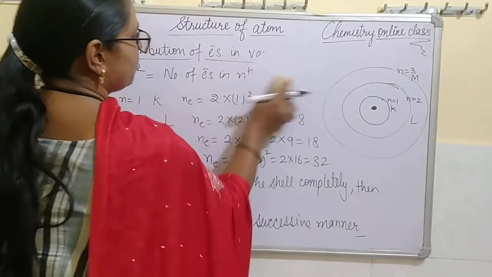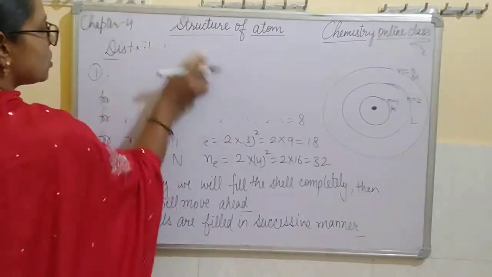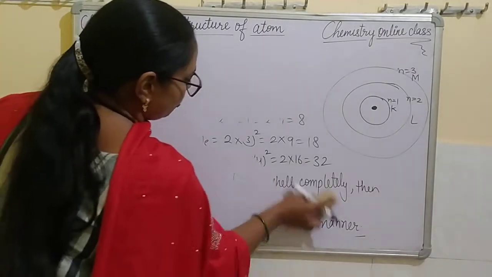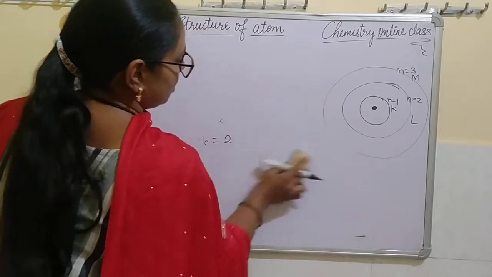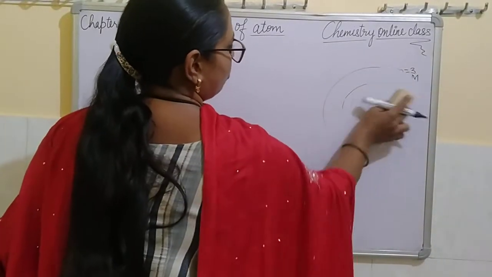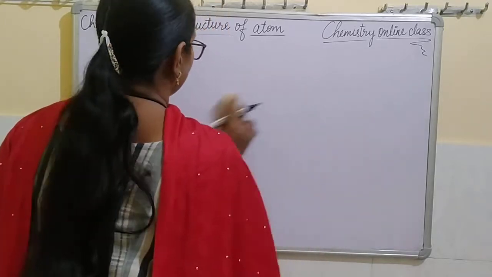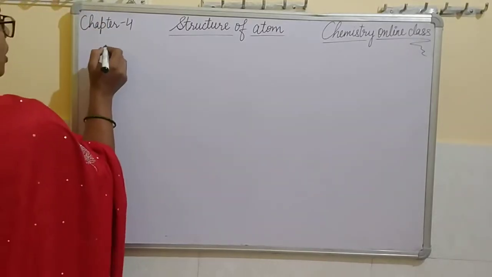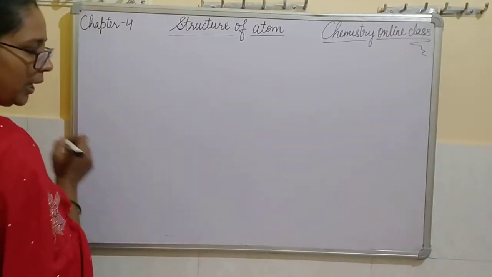For your syllabus, you have to learn the first 20 elements and how you can distribute electrons in shells. You have to prepare their chart also in your fair notebook together with the notes. So how can we fill? Suppose I am writing here the elements.